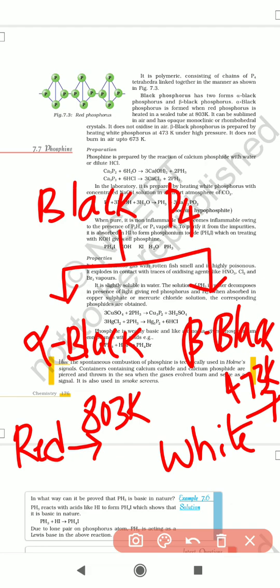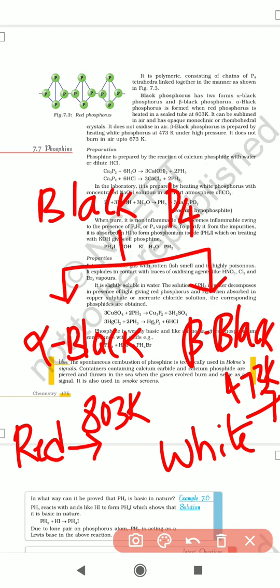Alpha black, if you want, red phosphorus you have to heat up to 803 Kelvin in a sealed tube, and we will get alpha black phosphorus. Beta black phosphorus, how are we getting it? White phosphorus you have to maintain at a temperature up to 473 Kelvin, and we will get beta black phosphorus.